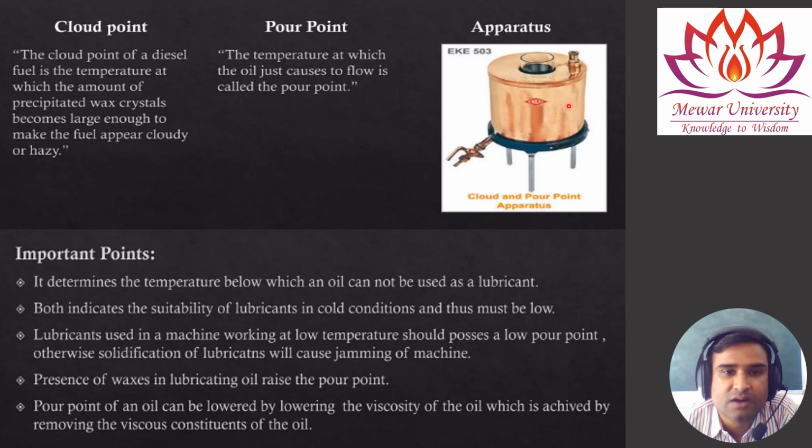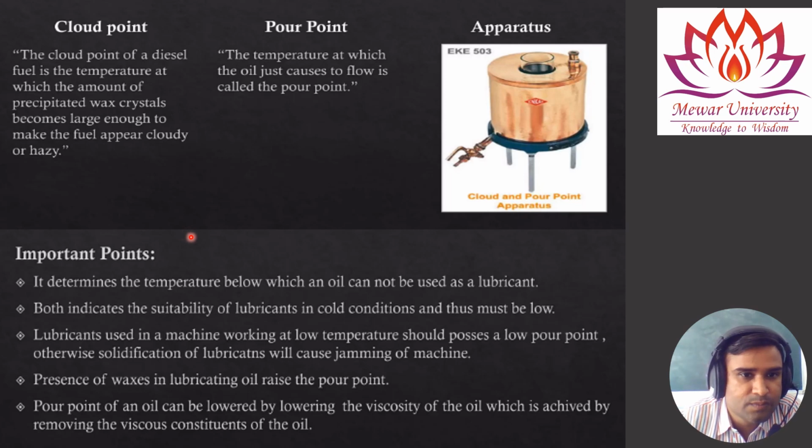The outside of the apparatus is filled with ice, and in between there is a glass tube. We fill it with the fuel and wait until the temperature reduces and the fuel starts showing a cloudy or hazy nature. This temperature is noted down using the thermometer, which you place here.